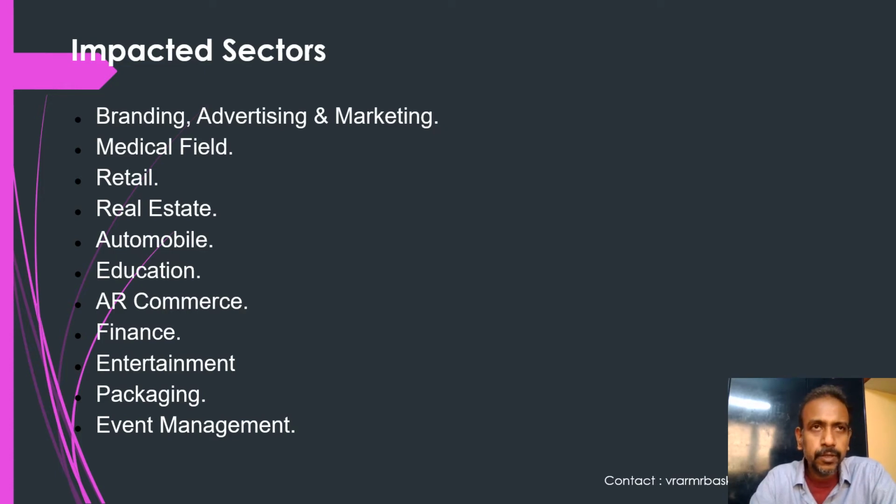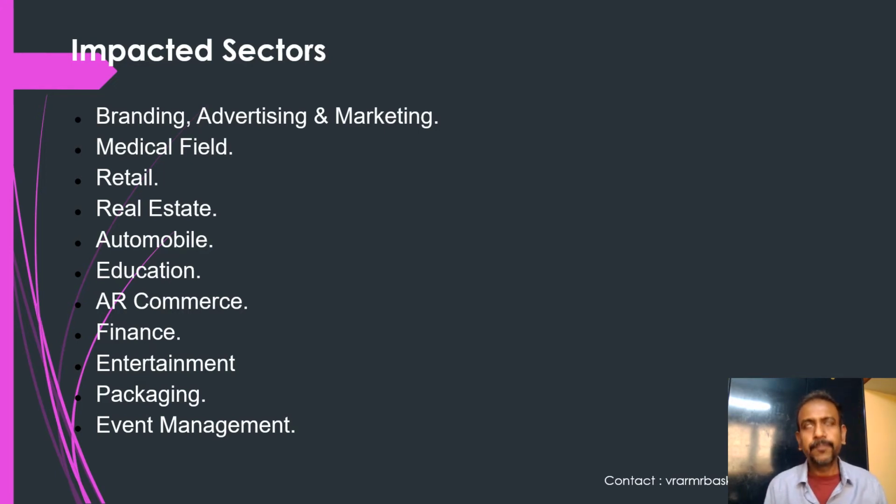That can be easily replaced with immersive technology like mixed reality or augmented reality, where an exact replica of the human body can be created using 3D models and displayed via mixed reality with hand controllers. Medical students can do real-time surgery, on par with real-world surgery. So the medical field is one of the impacted sectors of immersive technology.